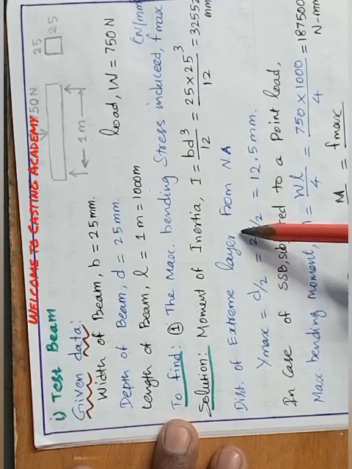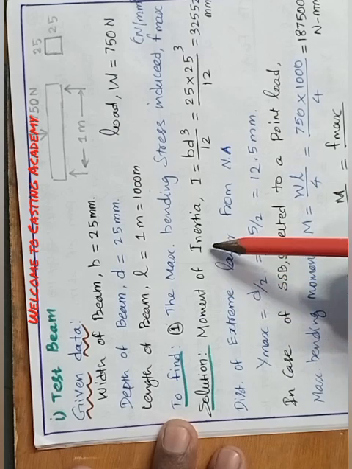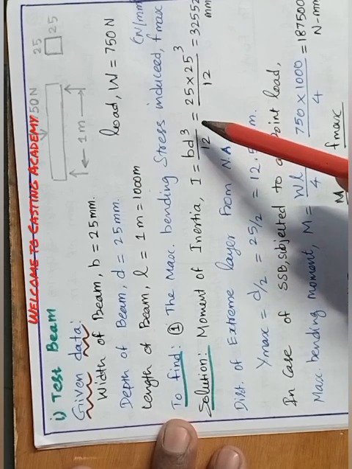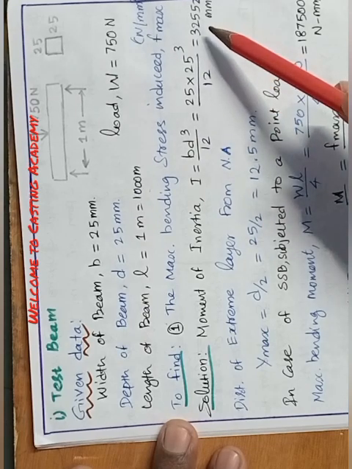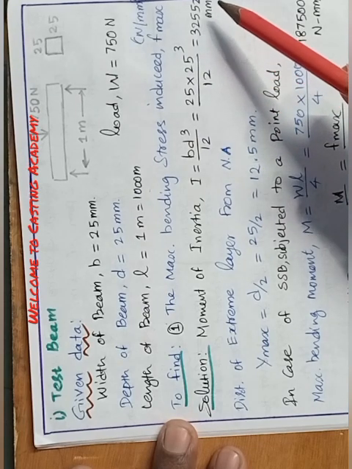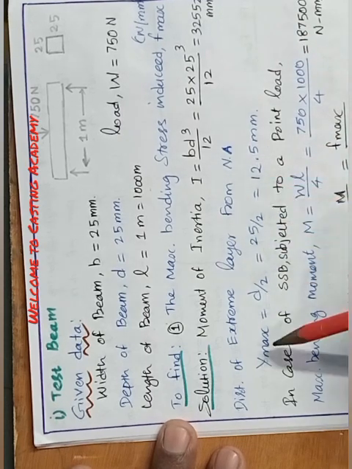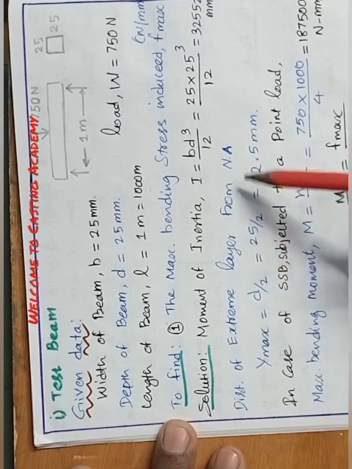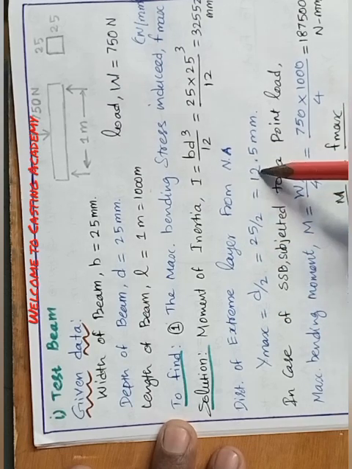Distance of extreme layer from the neutral axis. First you find the moment of inertia I equal to BD cubed by 12, that is 25 into 25 cubed divided by 12 equal to 32552 mm power 4. Here Y max, distance of extreme layer from the neutral axis, Y max equal to d by 2, 25 divided by 2, 12.5.